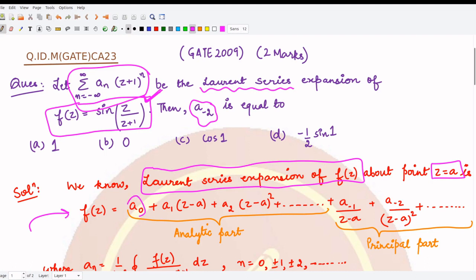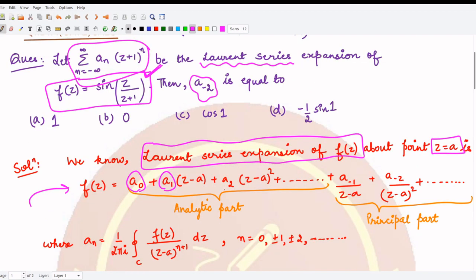We have a0 + a1(z - a) + a2(z - a)^2 + a3(z - a)^3 and so on. These all constitute the analytic part, right? And a0, a1, a2, a3 and so on are the coefficients of each of these terms, 1, (z - a), (z - a)^2 and so on, and they are calculated using this expansion.